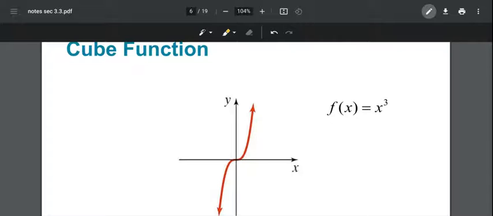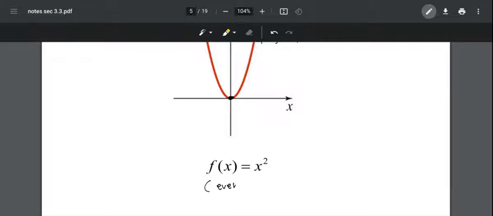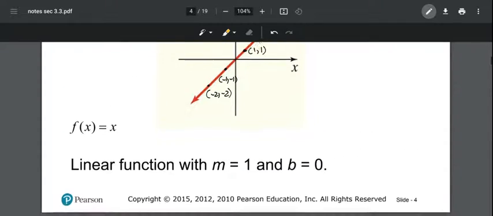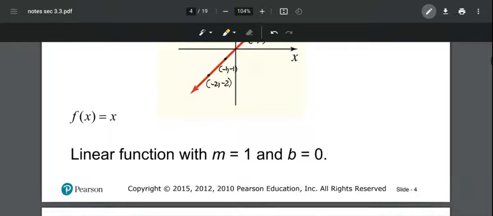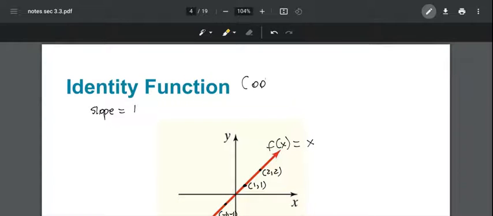Next one, the cube function, f of x equal x to the third power. The cube function is an odd function, which means origin symmetry. This one was an even function, with y-axis symmetry. Also, the identity function we described is an odd function, which means it has origin symmetry.